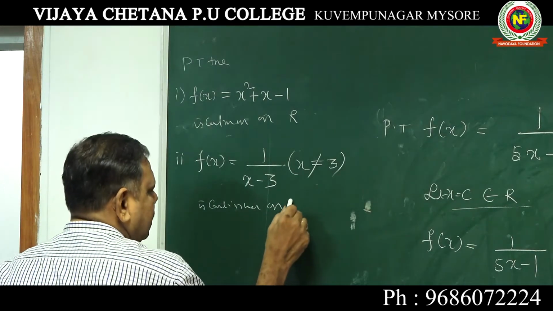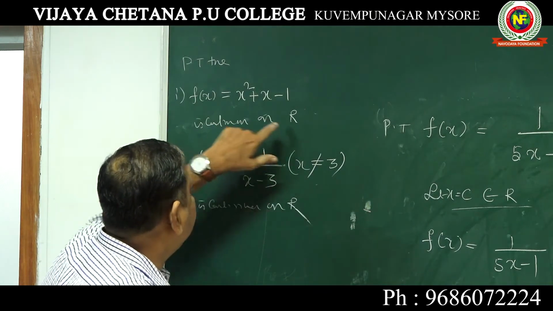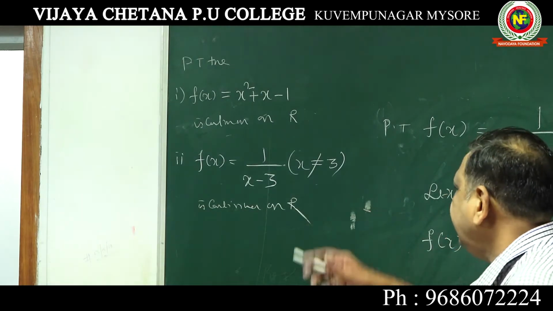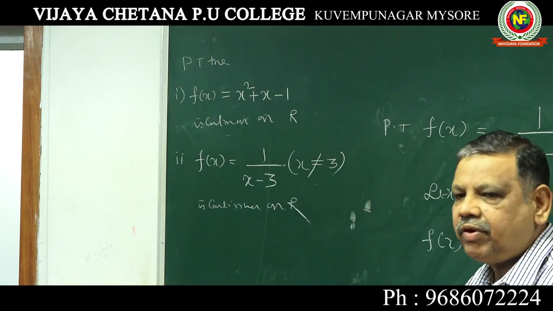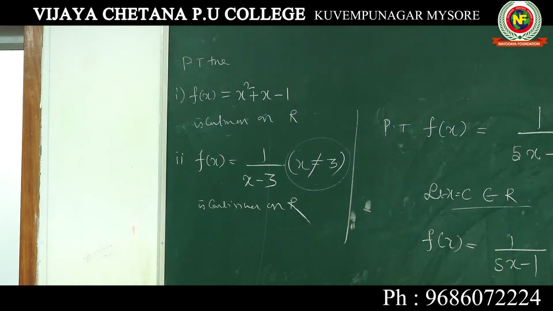Here take x equal to C, C belonging to R. Then you have to calculate f of C and the limit as x tends to C of f of x, in both cases, but you should not consider x equal to 3.